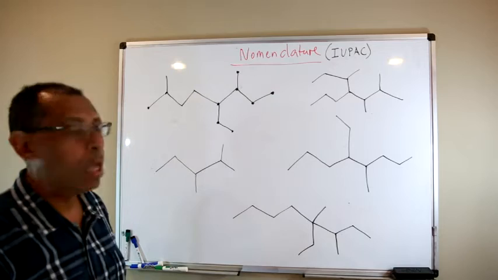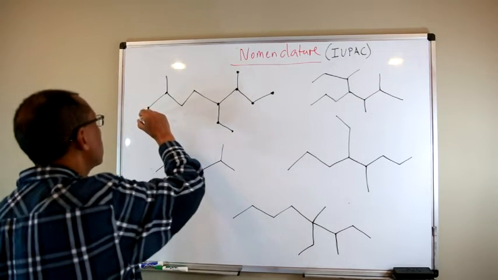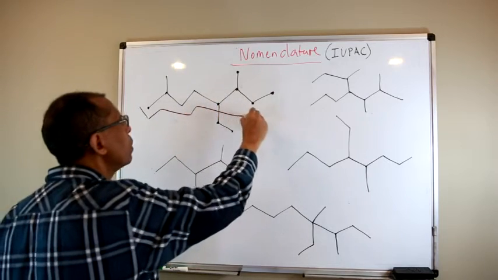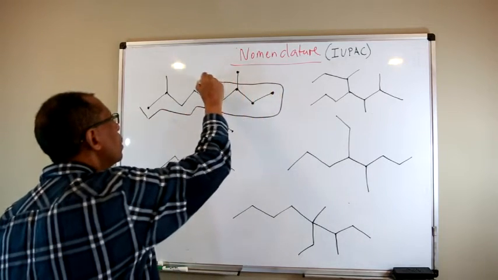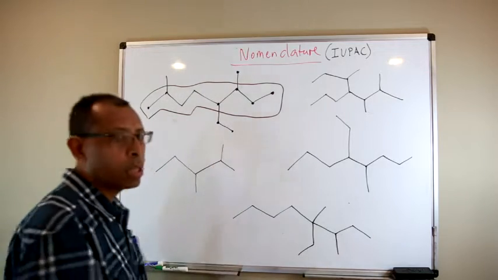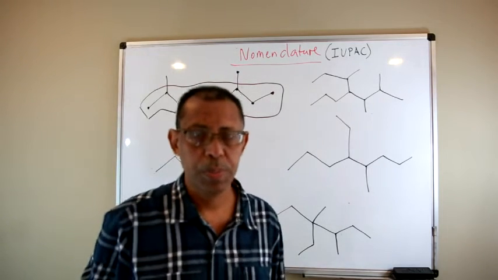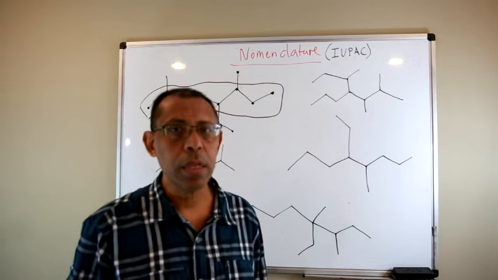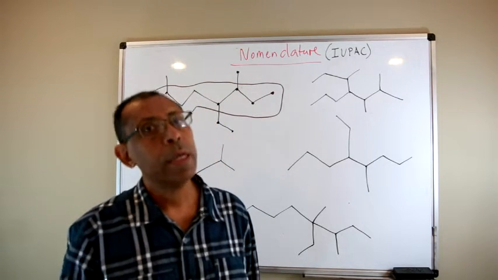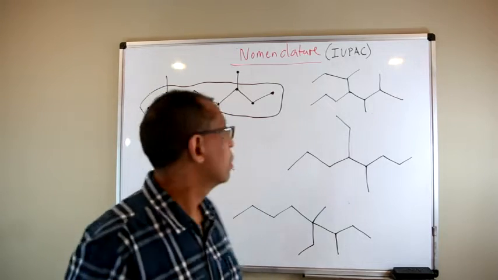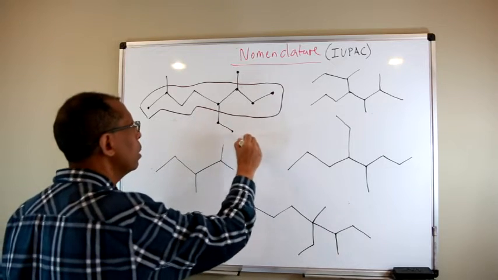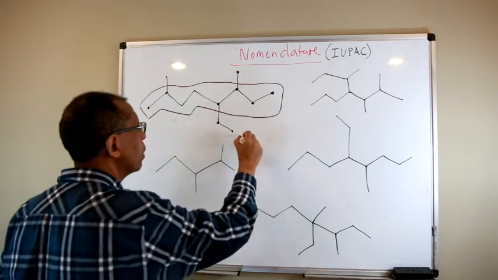So the longest chain actually is this. This is the longest chain. The rest are substituents. So it is an 8-carbon compound. The 8-carbon compound, the base would be octane. So we start with just a long chain called octane.